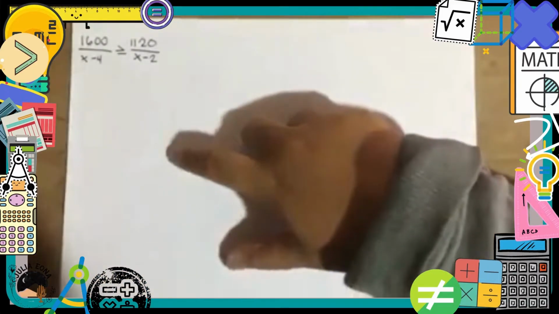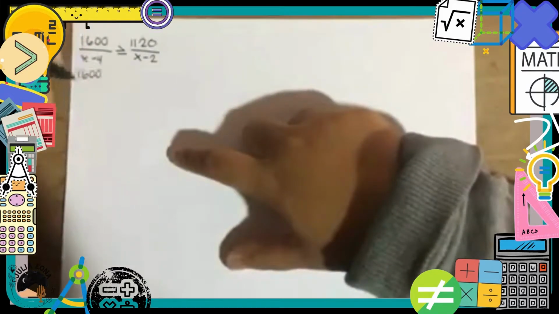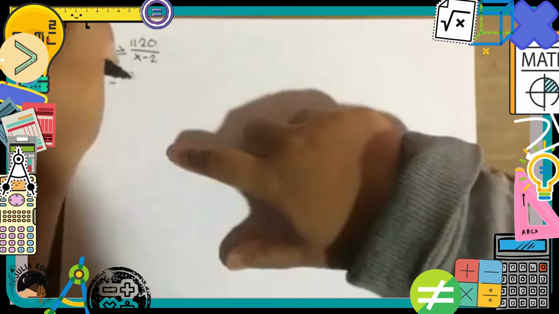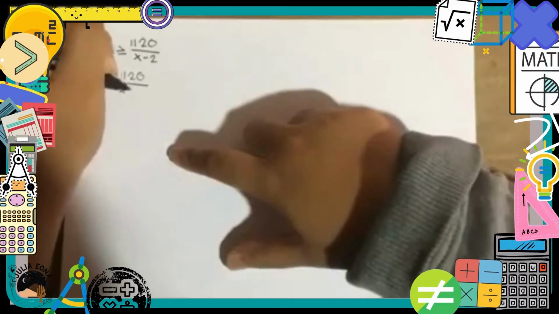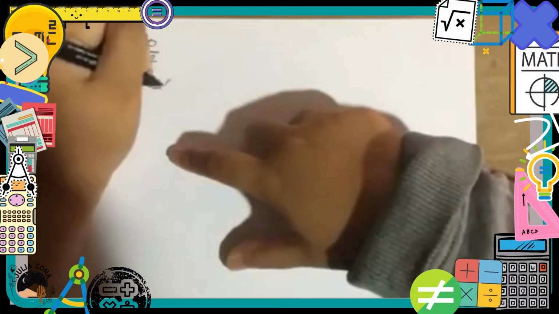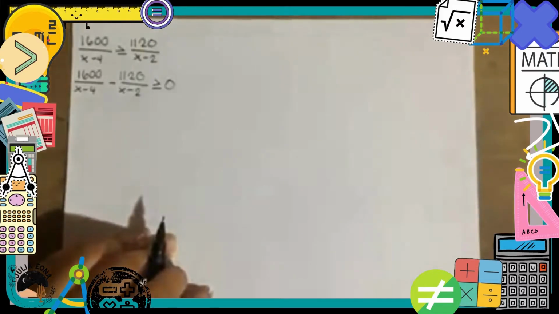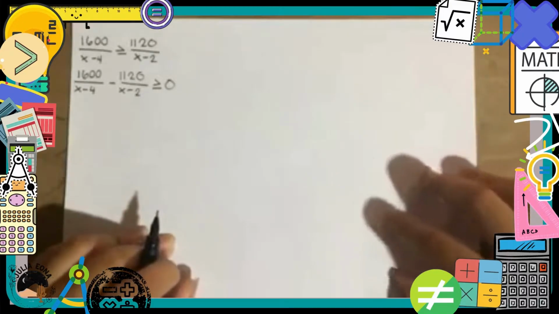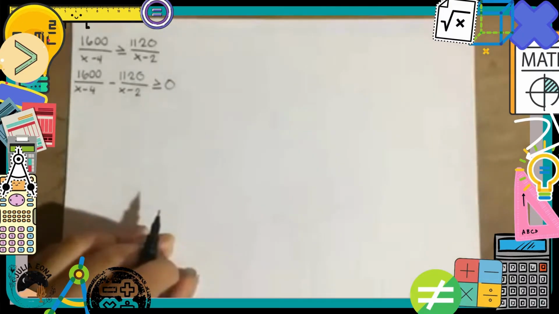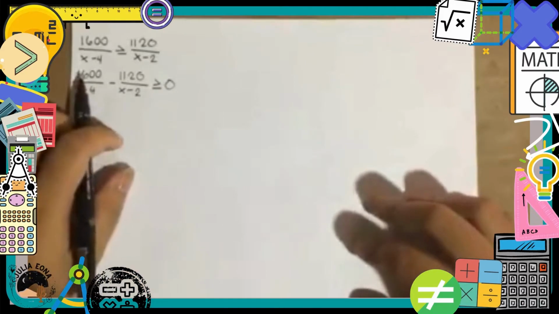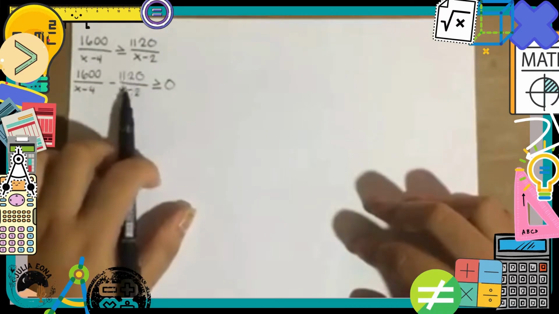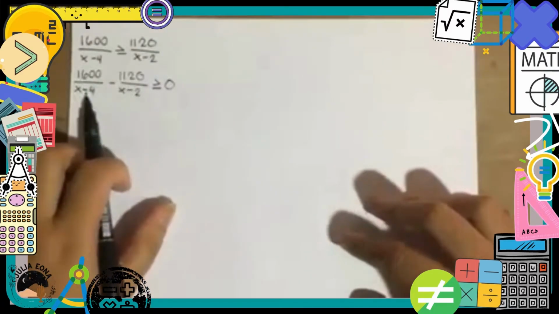So, we are going to have 1,600 over x minus 4 minus 1,120 over x minus 2 greater than or equal to 0. Like what we did before, we're going to put these all together, but we need to find a common denominator first. So, I'm going to multiply this rational on the top and bottom by x minus 2, and this one on the top and bottom by x minus 4.